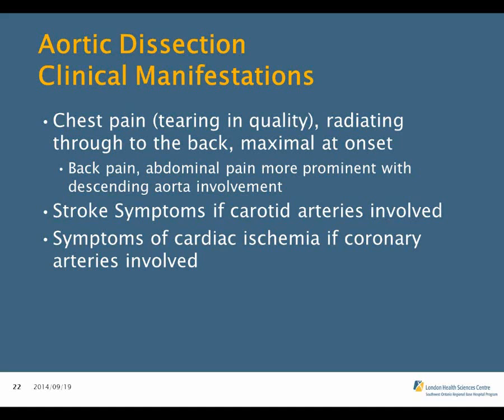If the carotid is occluded, then that part of the brain is not going to receive blood, and you'll have symptoms of stroke. You'll have symptoms of cardiac ischemia if the coronary arteries are involved, if that flap covers the coronary arteries.